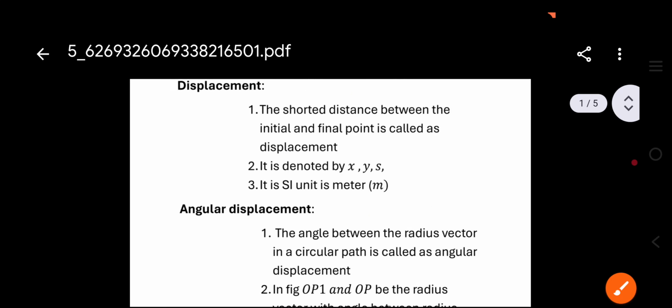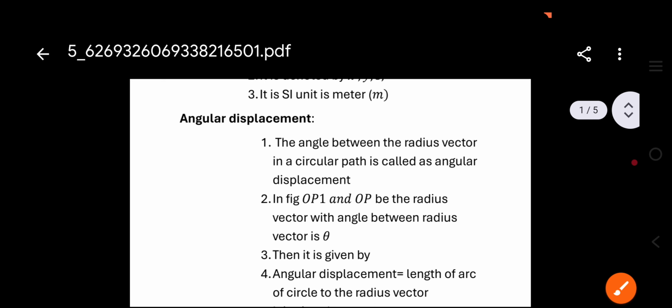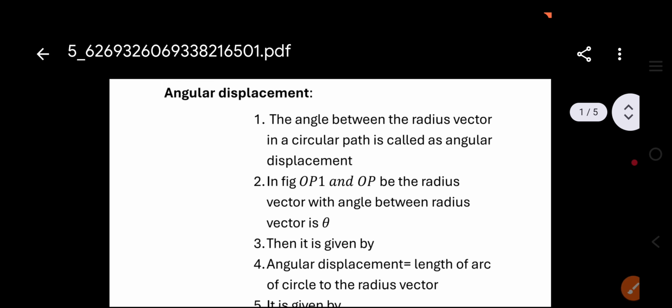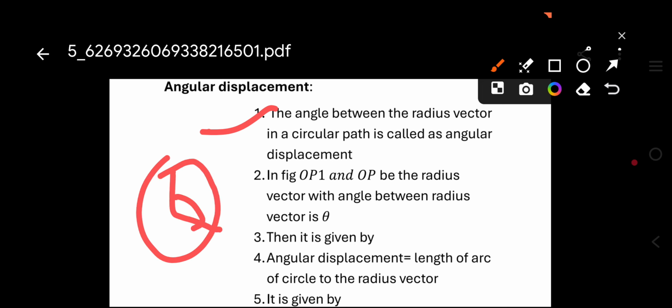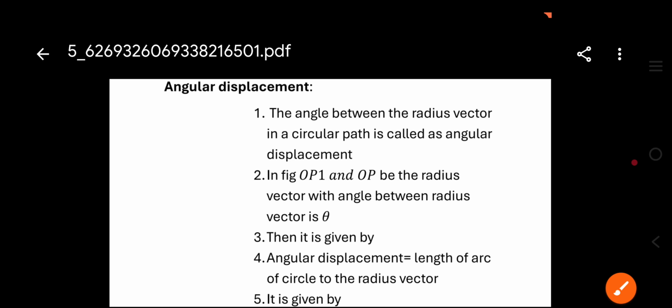Then the angular displacement is, point 1, the angle between the radius vectors in a circular path. This angle between the radius vectors is called angular displacement.